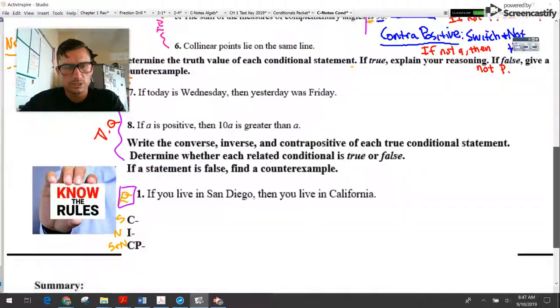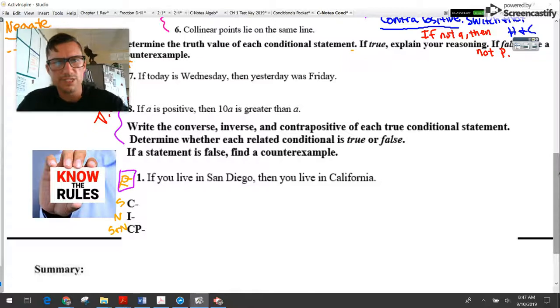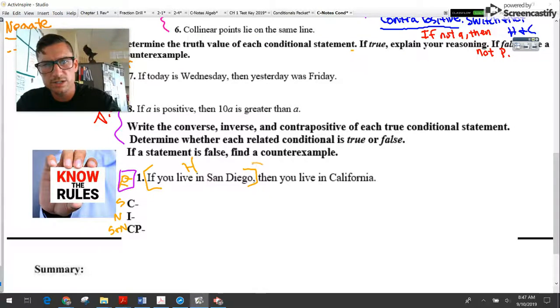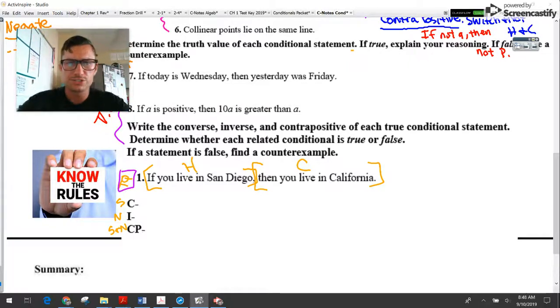So let's go to the bottom here. If you live in San Diego is going to be the hypothesis. Then you live in California, that would be the conclusion. So now we have H and C identified for us. So the converse is the switcheroo.